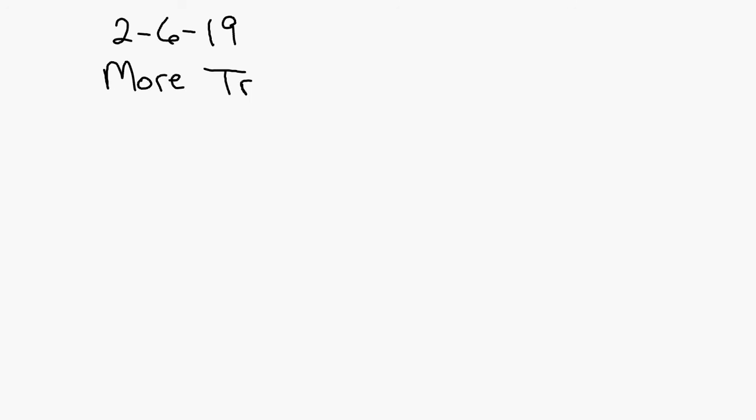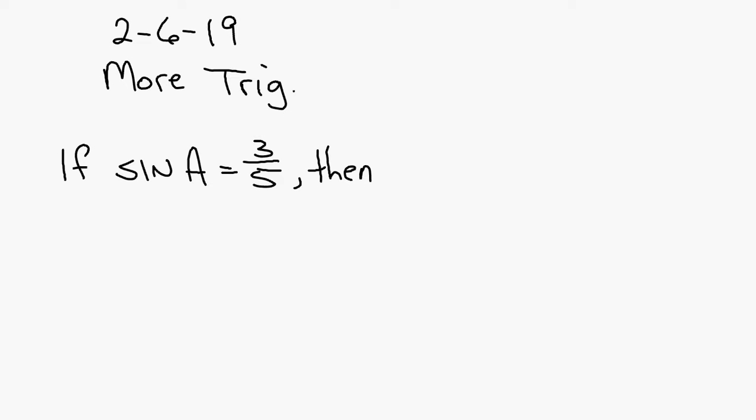Okay, write this down, please. Today you're going to use those sine, cosine, and tangent ratios that you practiced yesterday to find angle measures in triangles. And you need to know that if sine of angle A is equal to 3 over 5, then the measure of angle A is equal to sine -1 of 3/5.